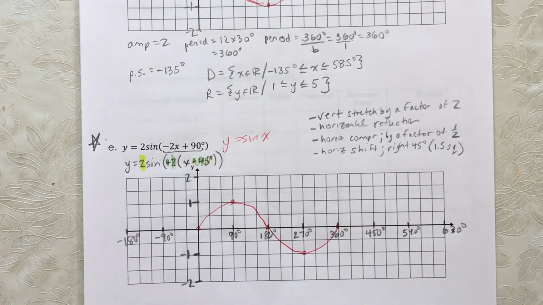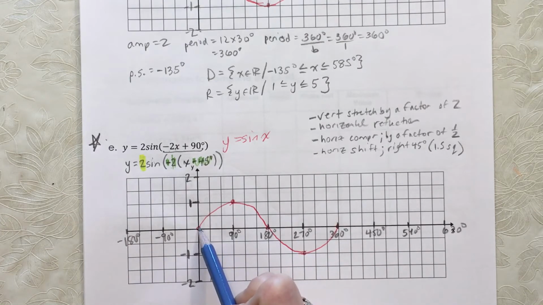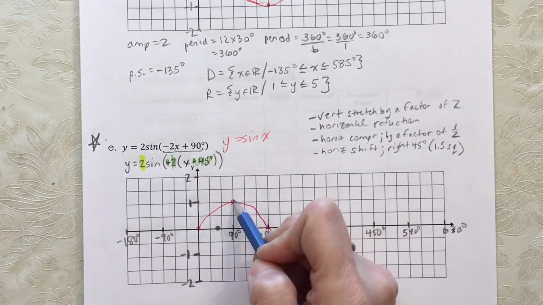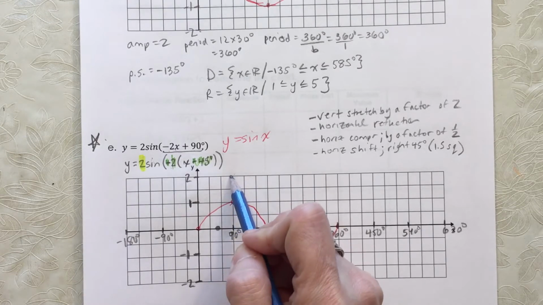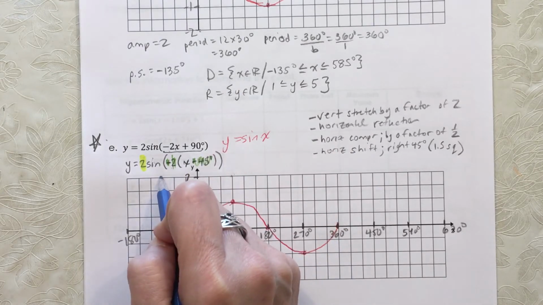So then we're going to use this to draw our 5 points that should form one cycle of our new function. So vertical stretch by a factor of 2, we stay here. Horizontal reflection, stay. Horizontal compression, stay. Shift right 45 degrees, so right 1.5. This one, vertical stretch by a factor of 2, horizontal reflection, so I'm going to be over at -90.